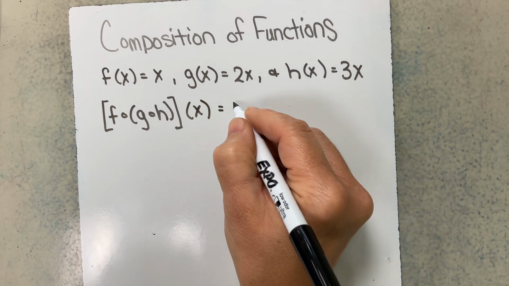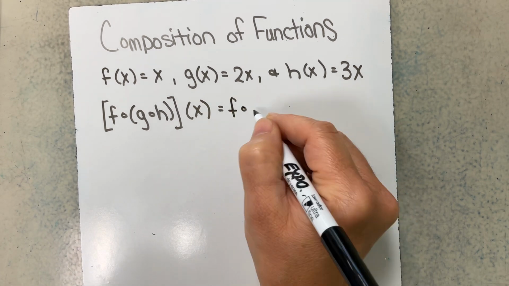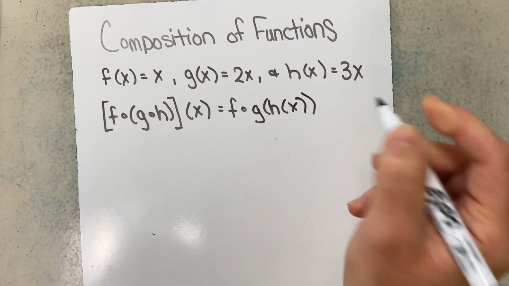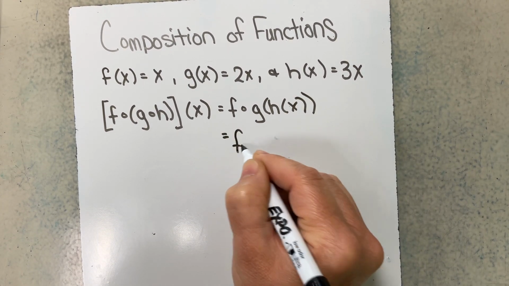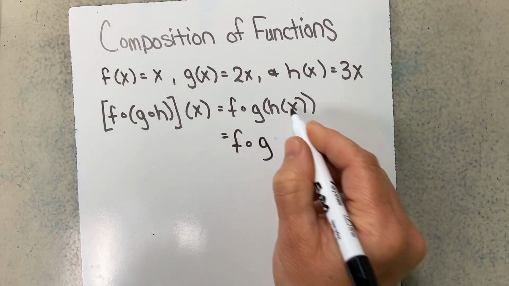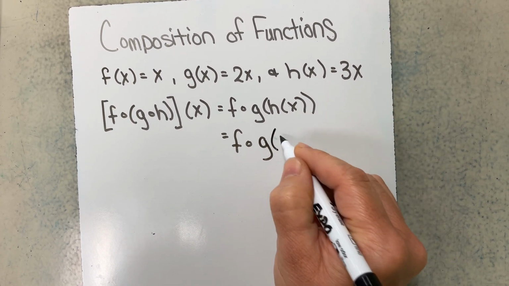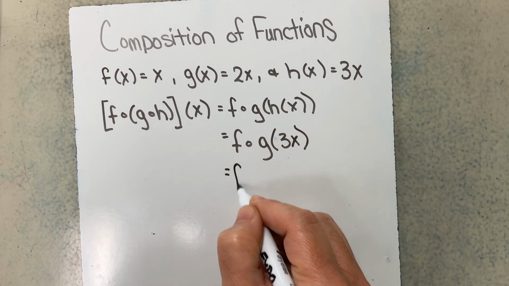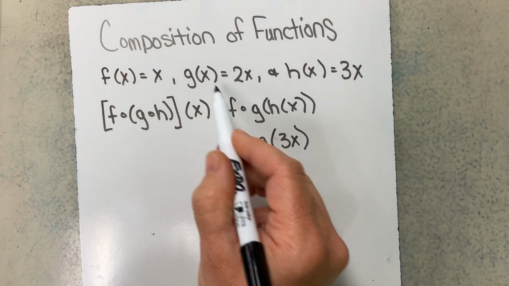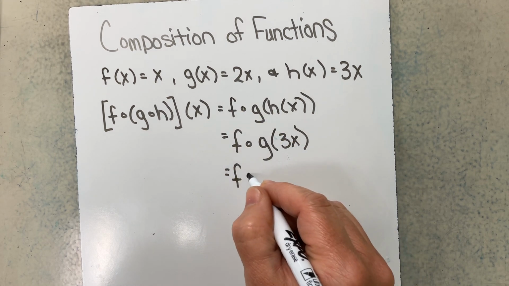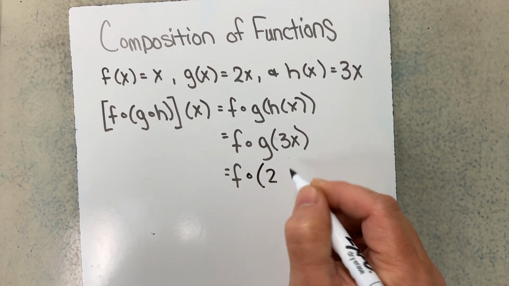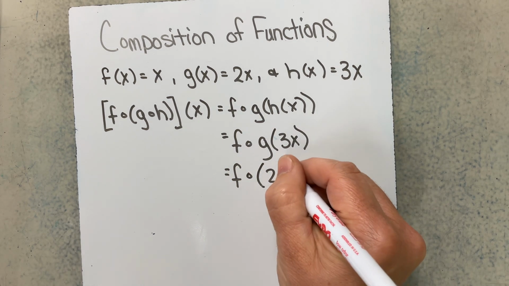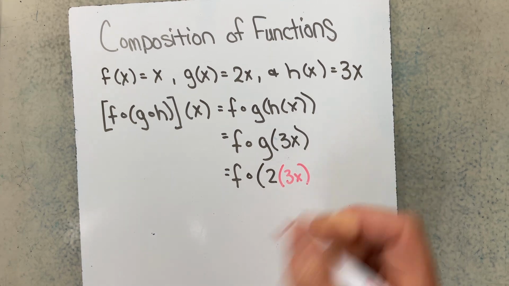What I'm going to start with is f of g of h of x. That gives me the g, but in place of the h of x, I put 3x. Now I'm going to plug that 3x into the g of x. So this would be 2 times the x, which I'm plugging in here, which is 3x.